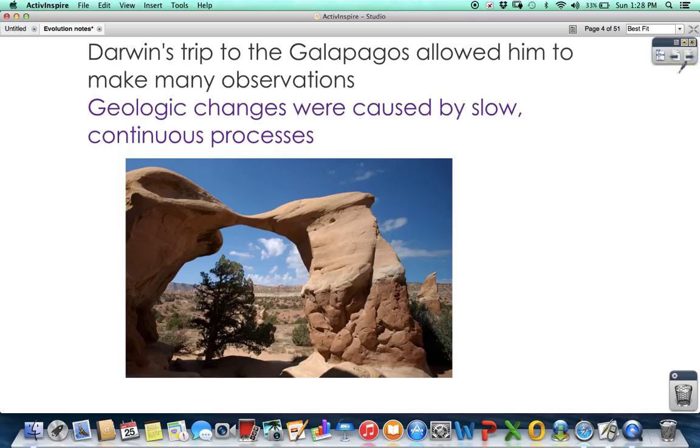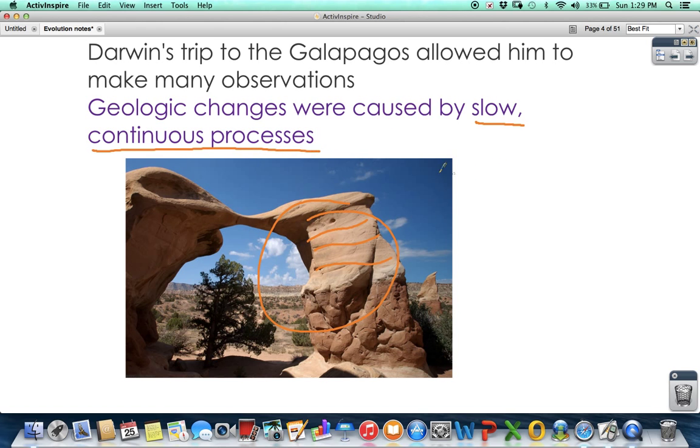So Darwin, on his trip to the Galapagos, took lots and lots of observations about the world around him, because in England you don't get to see cool stuff like this. He noticed that in all the places he went, there were geologic formations, and he knew they were caused by things like erosion, which is a very slow, continuous process.